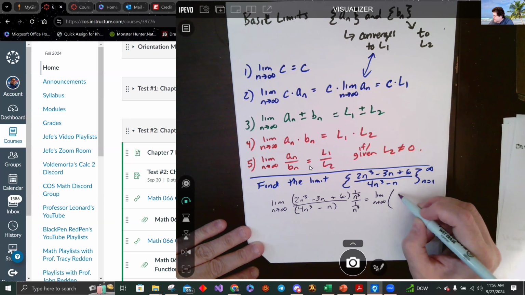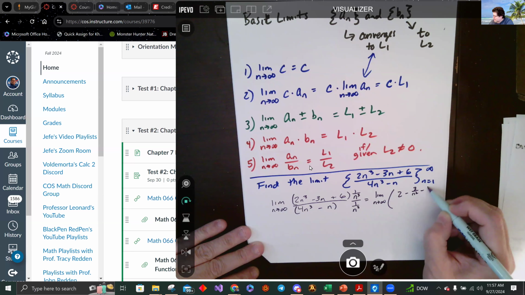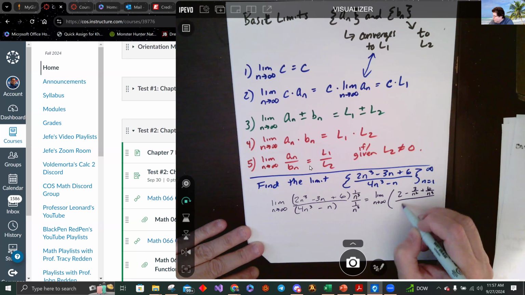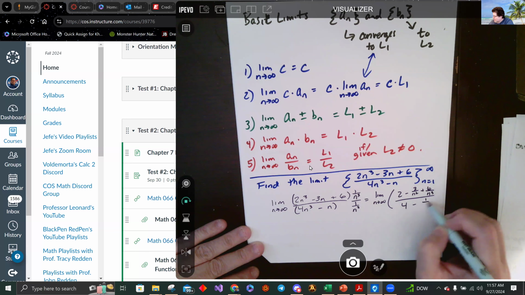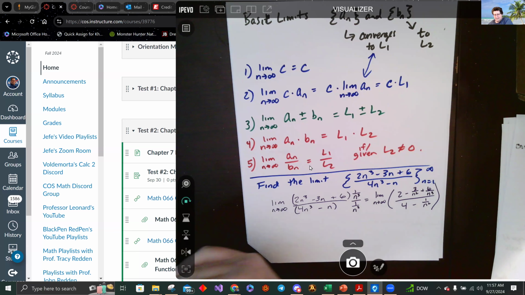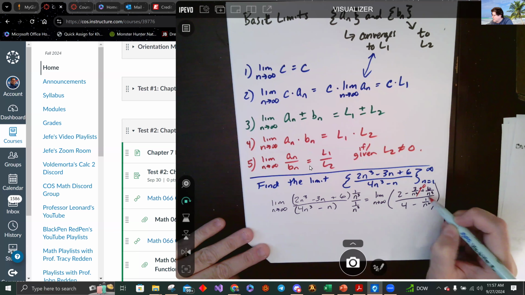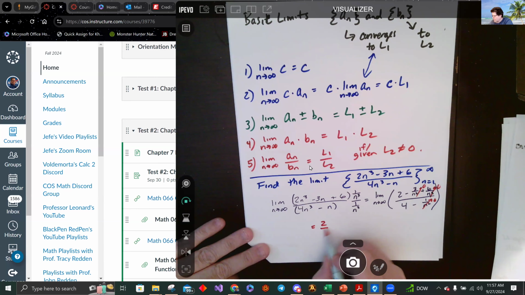And this turns into 2 minus 3 over n squared plus 6 over n cubed, all over 4 minus 1 over n squared. And as we apply the limit, that goes to 0, 0, 0, and we get 2/4 or 1/2.